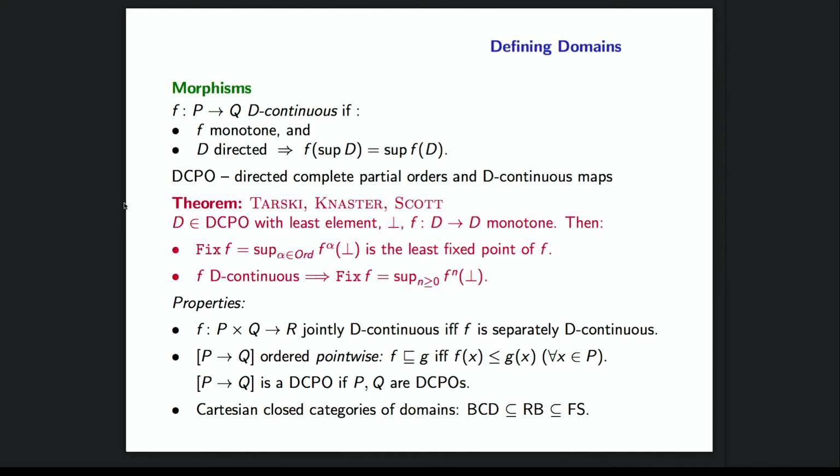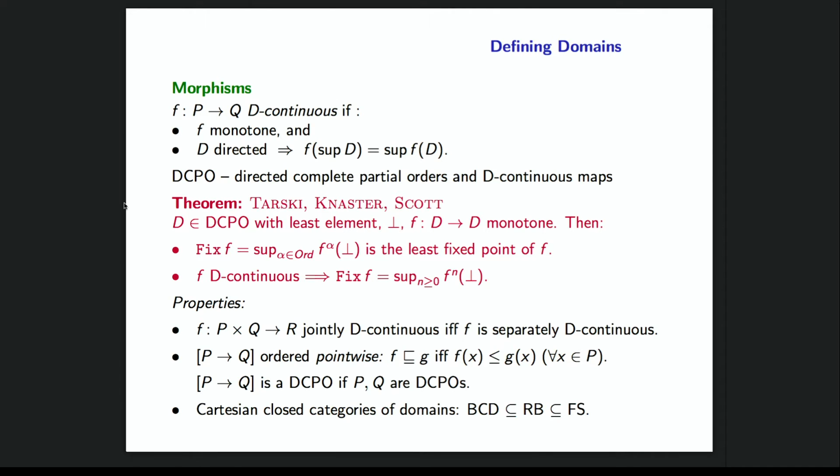And we could talk about DCPO, the category, apologize for the word, of directed complete partial orders and these D-continuous maps. And one of the main theorems, the fundamental theorem, if you like, of least fixed point semantics is the Tarski-Knaster-Scott theorem. And Fockiant really gave a nice illustration of its use earlier today. But it says if you take a directed complete partial order that has a least element, which we usually denote by perp or bottom, and a monotone self-map F, then that monotone self-map has a least fixed point.